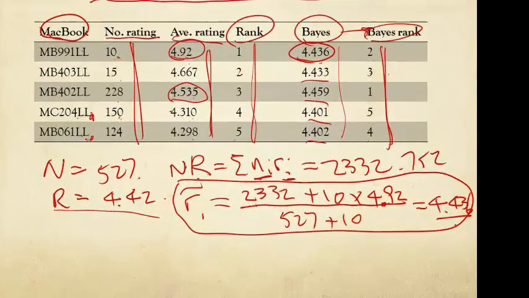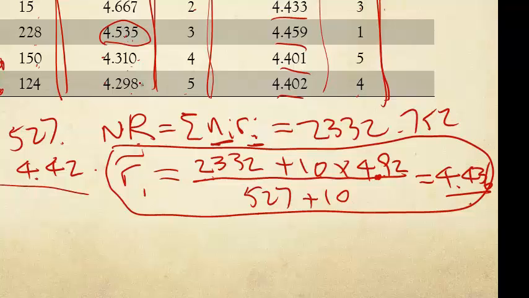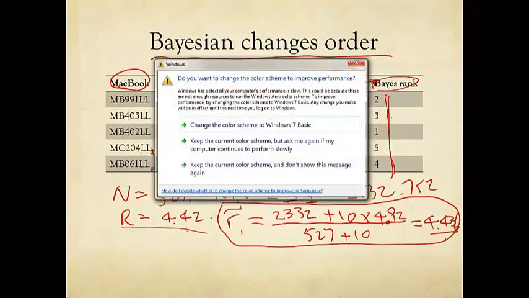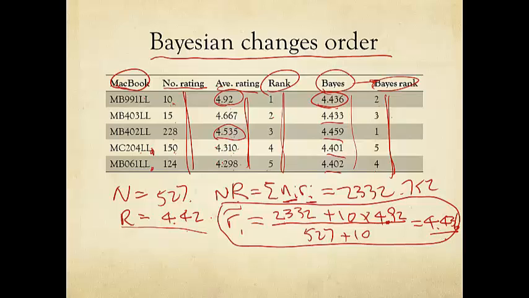Well, the main thing is that both of their simple naive average ratings are below the big R, 4.42. So for those kinds of products, if you have a fewer number of ratings, then we trust the overall average more than your own average. That's why it is pulled closer than this product to the total average 4.42.